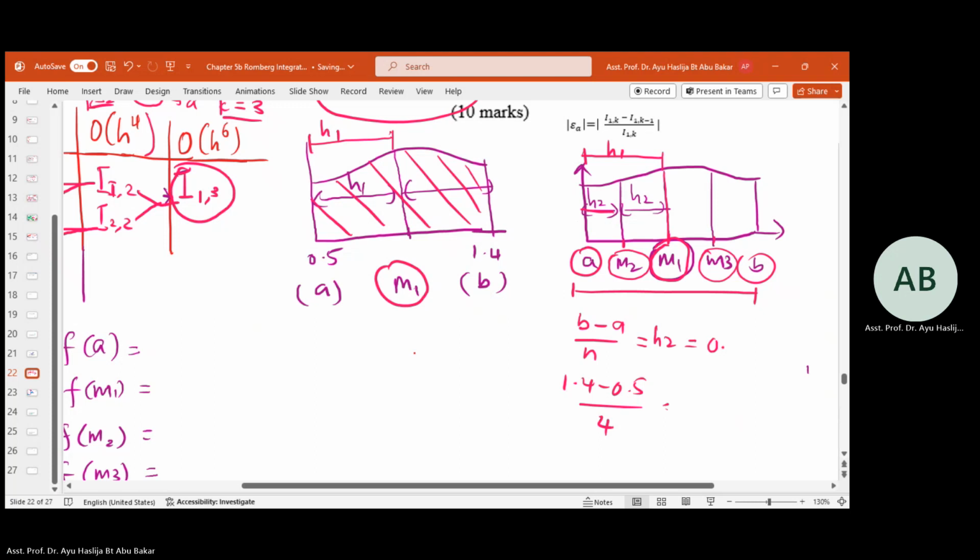Yes, correct. 0.45 just now you divided by 2, that one is for h1. h1 is 0.45. h2 is 0.225, because we have 4 segments over here.